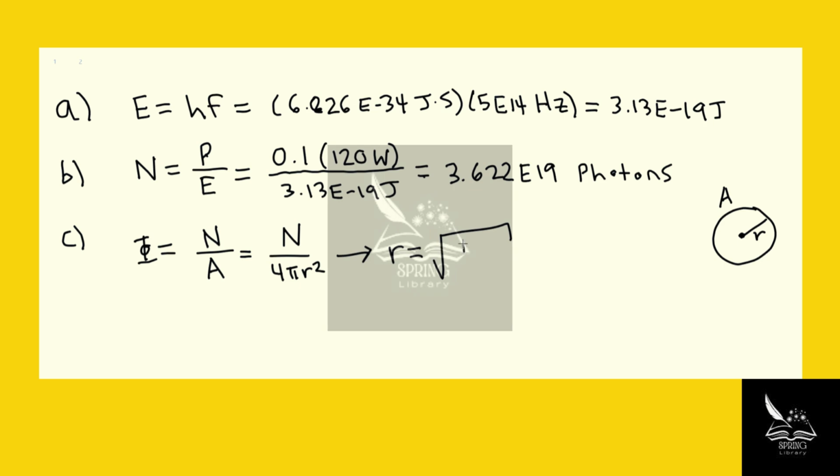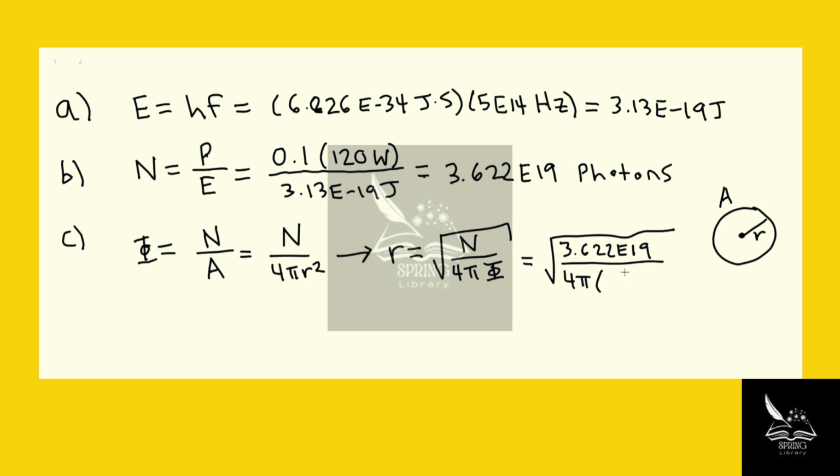And as you see, we are going to be left with r equals the square root of N over 4 pi times the flux. And when we put numbers in for this result, we will have 3.622 times 10 to the 19, over 4 pi.